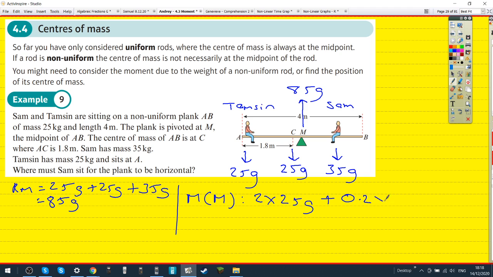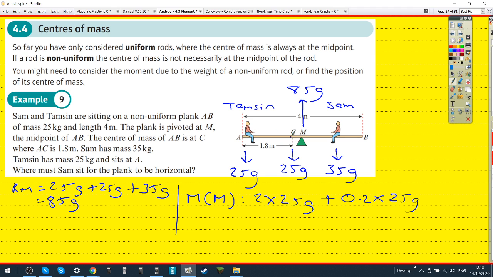Yeah. 0.2 times? 85? No. Force times distance. Distance times force. So it was 0.2 away from C. Force at C? 25. So 0.2 times 25G.